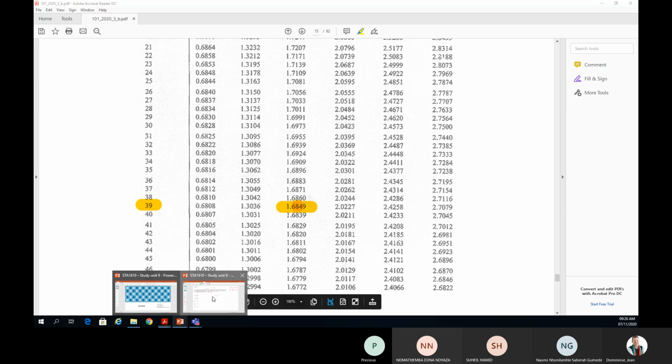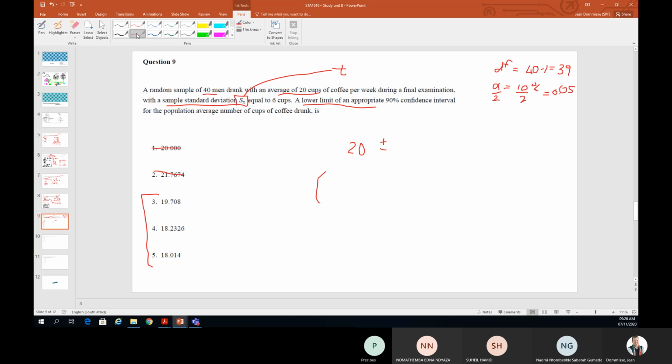So let's just first finish this. Random sample with an average of 20 cups. So we know that the sample was 40 and the standard deviation was 6.